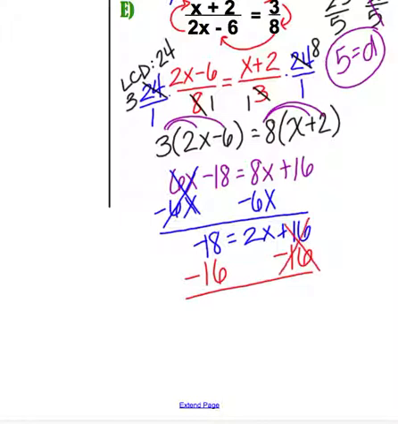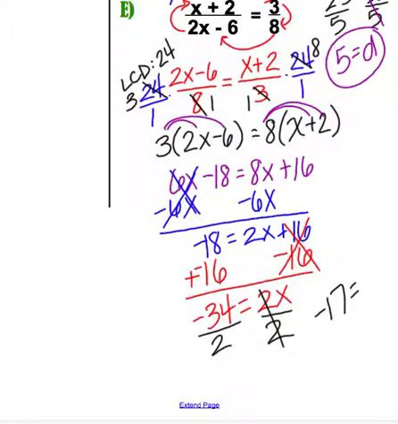That cancels here, giving me 2x. And negative 18 plus negative 16, when we add the opposite, is negative 34. We can go ahead then finally to divide by 2 on both sides, leaving me with negative 17 equals x.